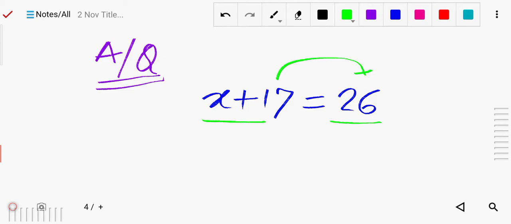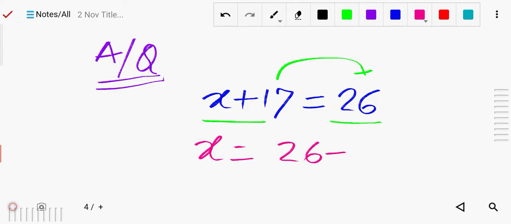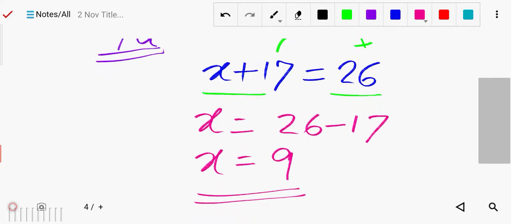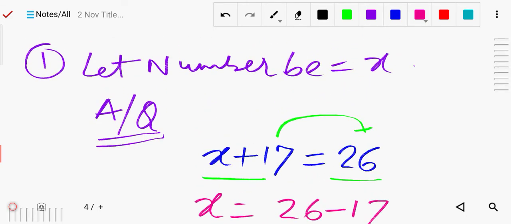Here it is plus, so on that side it will be minus. You already know about these things. So x equals 26 minus 17, which is 9. So what is the number? That number is 9. This is the solution of question number 1.